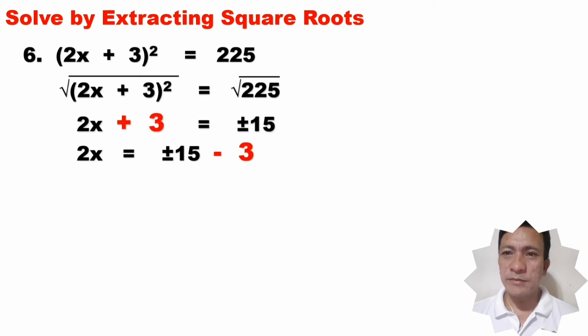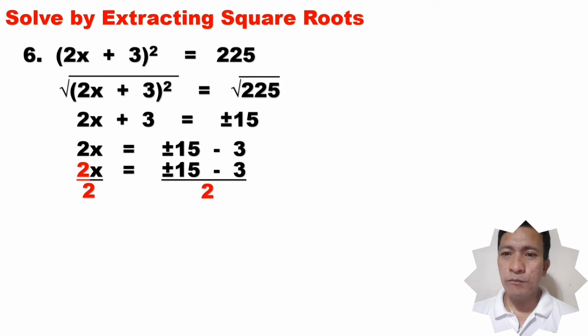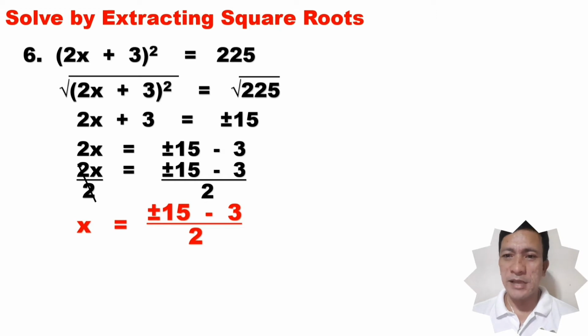Transpose positive 3 from the left to negative 3 on the right. So we have 2x equals positive and negative 15 minus 3. Divide by 2 on both sides, cancel 2 from x. Our temporary value of x is plus and minus 15 minus 3 all over 2.